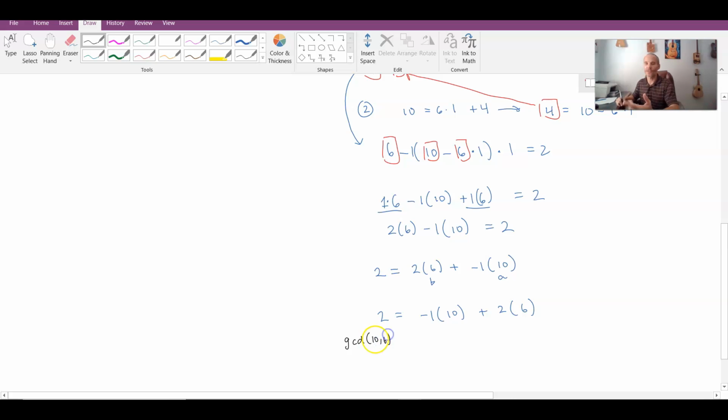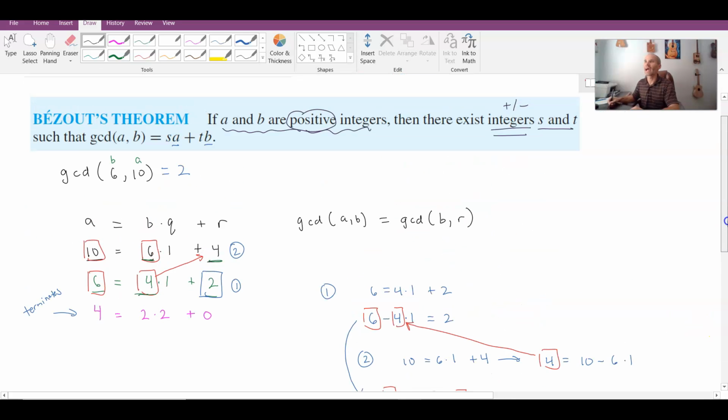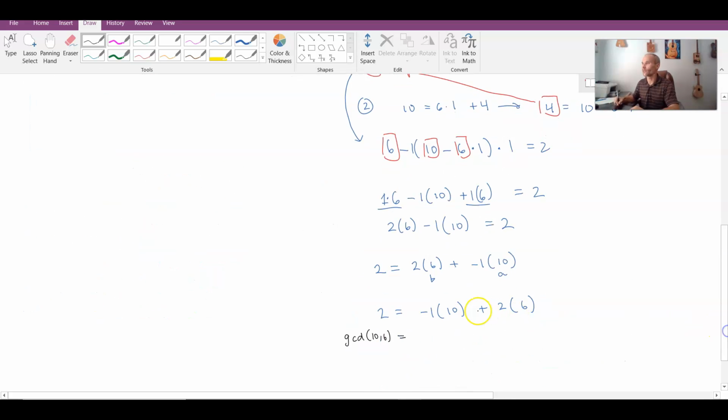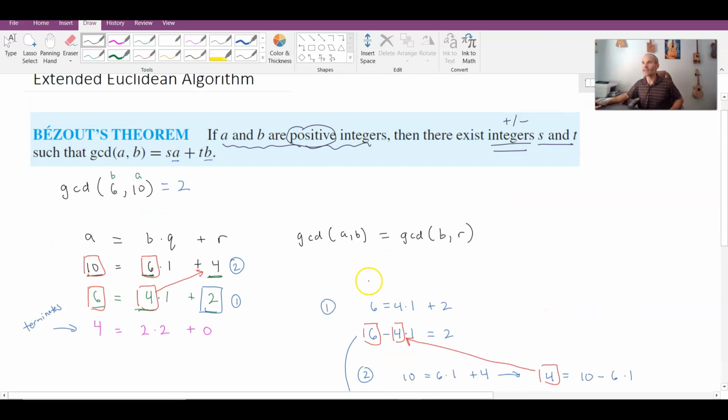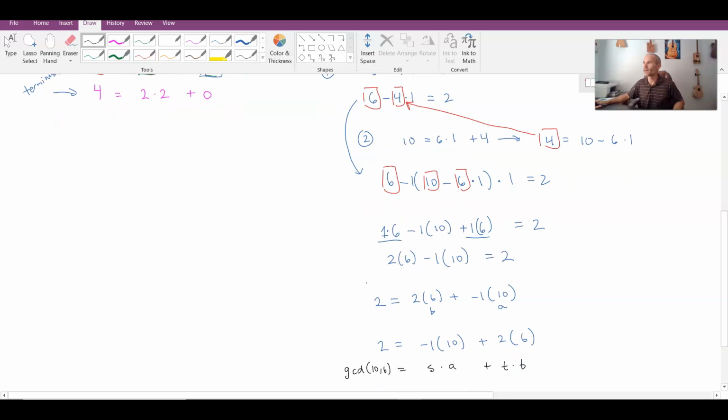Again, the order in which the values are listed does not really matter. And that is equal to S times my A value, so this is my S, this is my A, plus some multiple of my B value. We have effectively shown, at least for this instance, that Bézout's theorem does in fact hold by working the Euclidean algorithm in reverse.